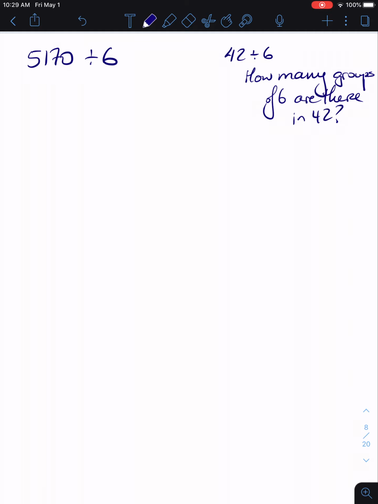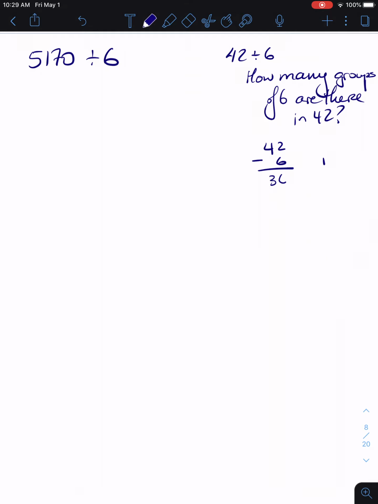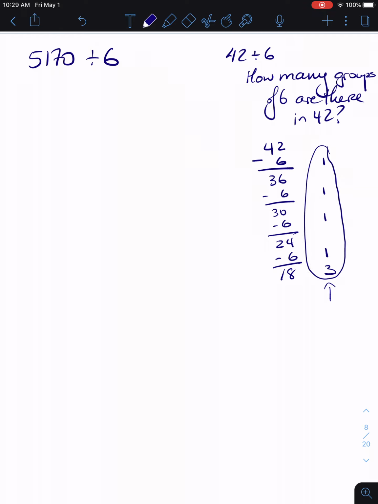They could take one group out and get 36, another group out and get 30, another group out and get 24, another and get 18. Oh, and then I know that that's 3 groups. So they repeatedly count down, and then add up the groups they've taken out: 1, 2, 3, 4, so 7 groups in total.